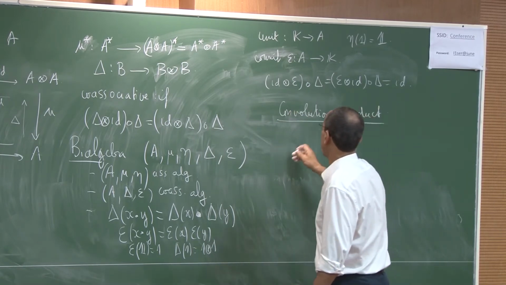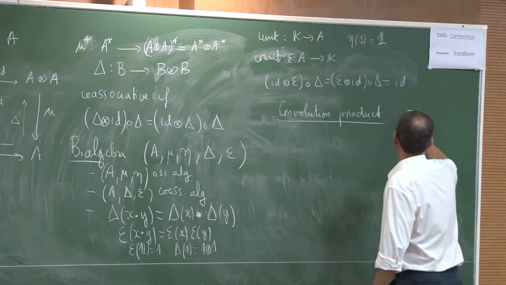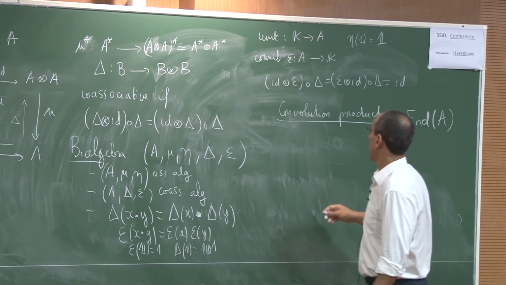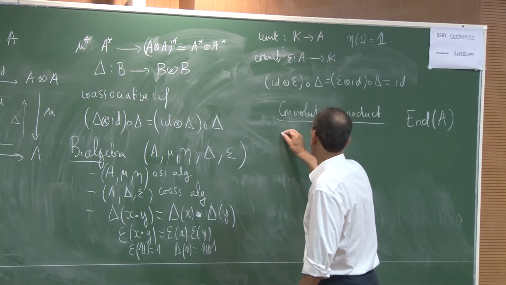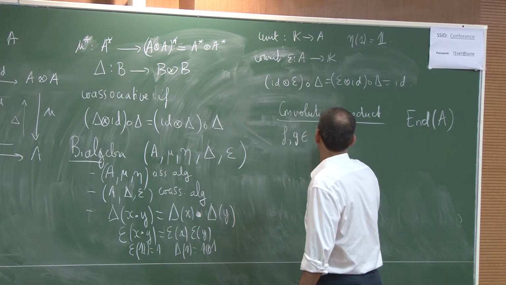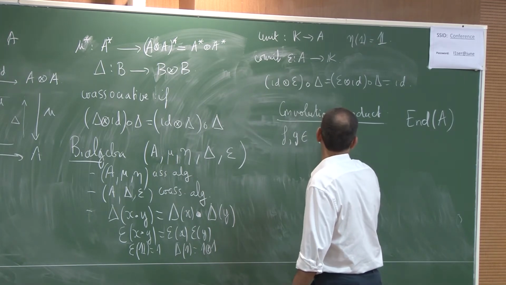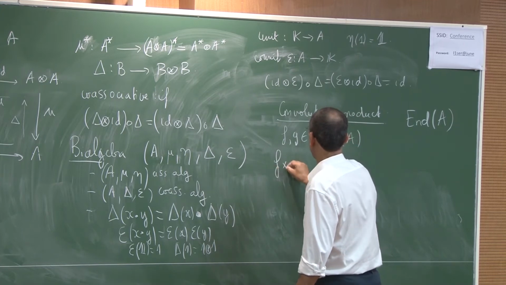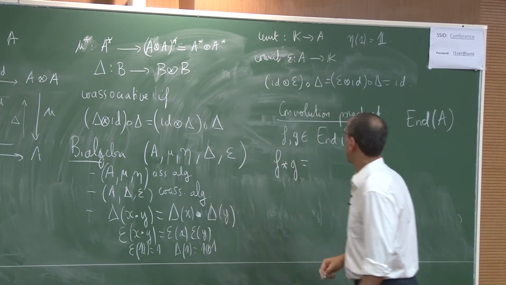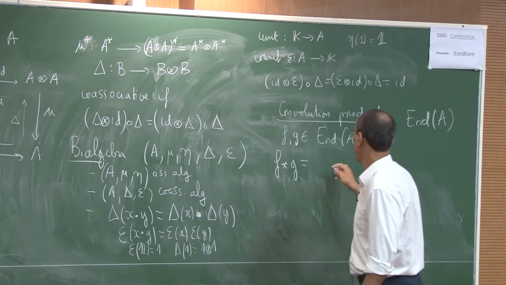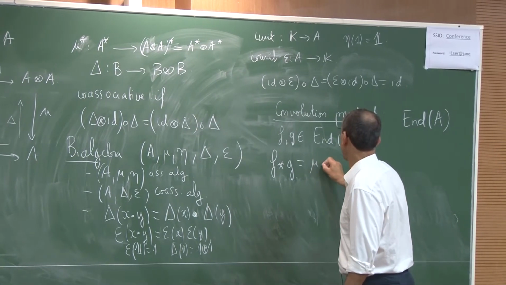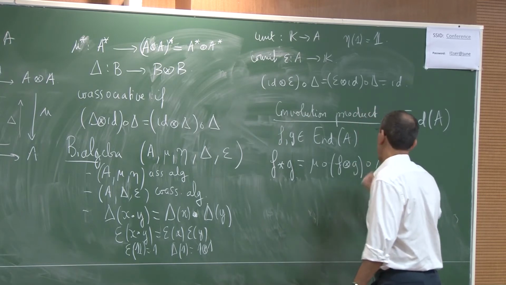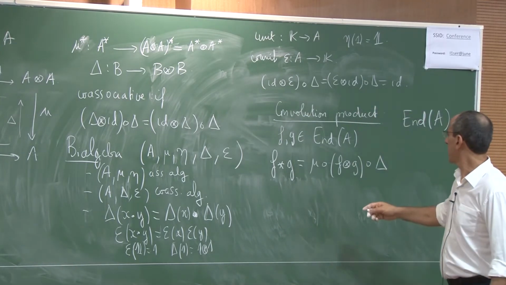This convolution product is built on the algebra of endomorphisms of A, and it is defined as follows: if you take f and g belonging to End of A, then you define this convolution product to be mu composed with f tensor g composed with delta.